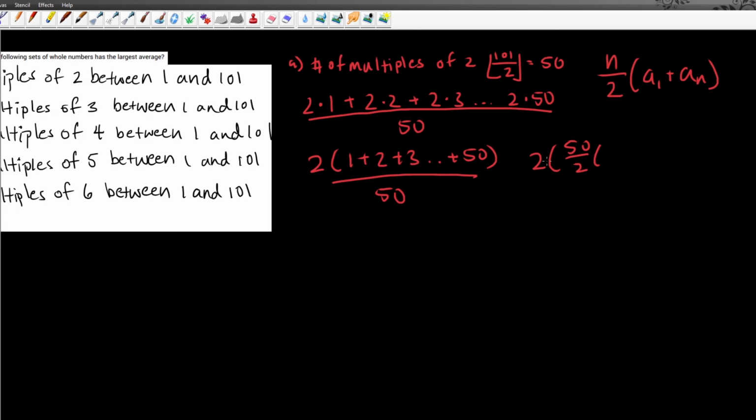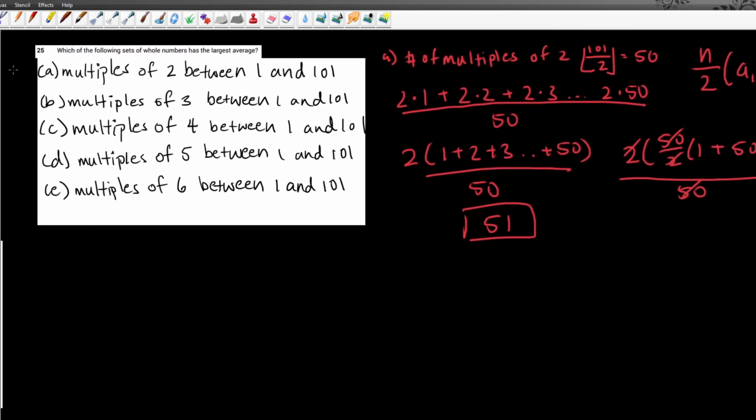A1 is the first term, 1, plus an, the final term, 50, all over 50. Solving this will give us the average. So the 2 cancels out, the 50 and 50 cancel out, so what we get left over is 51. So the average for set A is 51. Let me write that over here.